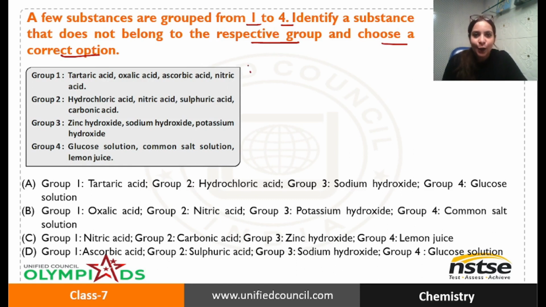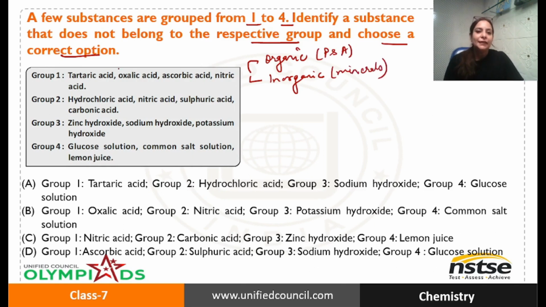Okay, I got it. Acids can be classified into 2 categories depending upon the source from which we are getting them: organic or inorganic. Organic acids are those obtained from plants and animals, and inorganic acids are obtained from minerals present in earth. Now tartaric acid is organic, oxalic is organic, ascorbic is organic, but nitric acid is the odd one out because it is inorganic in nature.